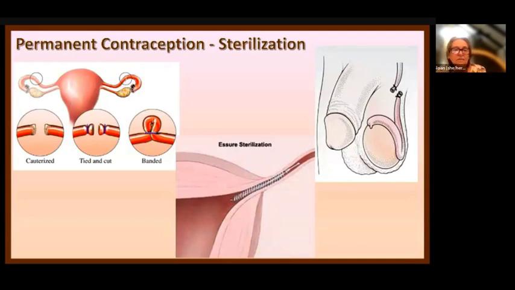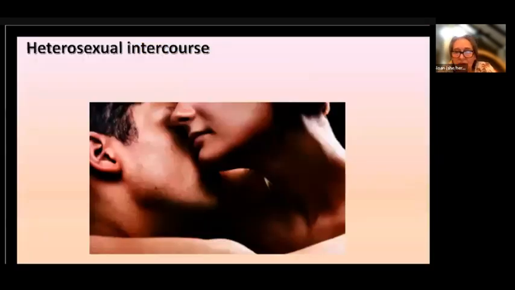Usually, vasectomy is less invasive than doing tubal ligation. And of course, sometimes, if there's other problems, a woman might have a hysterectomy and even have her uterus removed. But usually that's only done if there's, like, endometriosis or something like that.